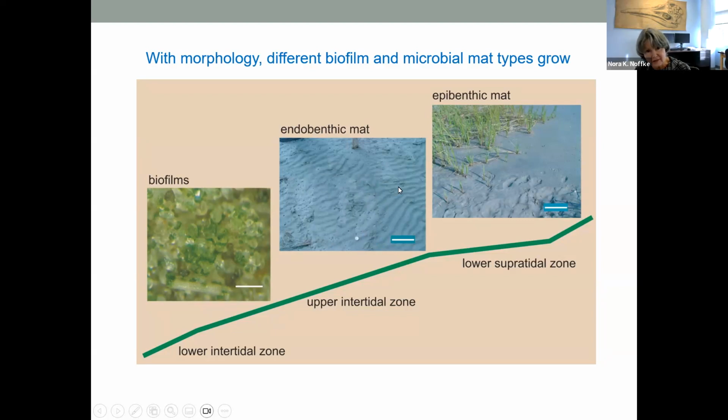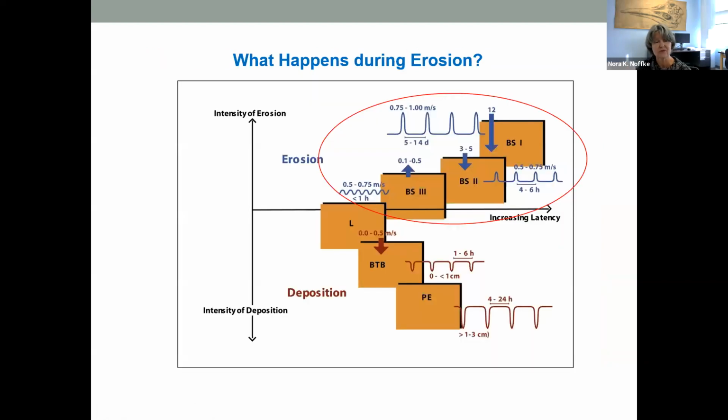So here you see the ripple marks of that surface, but it's interwoven by a microbial mat. In the lower supratidal zone, where we have long periods of calm conditions, epibenthic microbial mats can form that really cover a sedimentary surface like a tablecloth, and those are the microbial mats that we are familiar with from textbooks. So what happens during erosion?